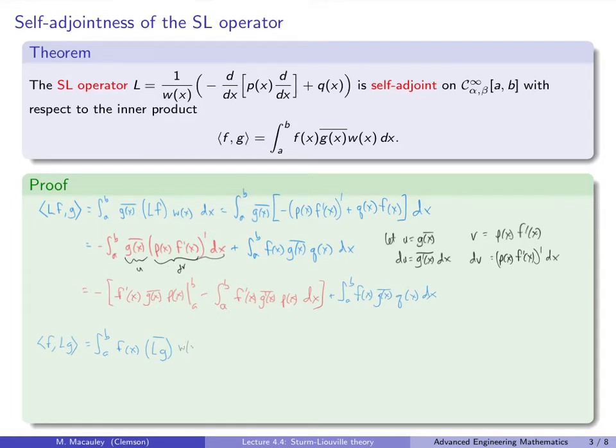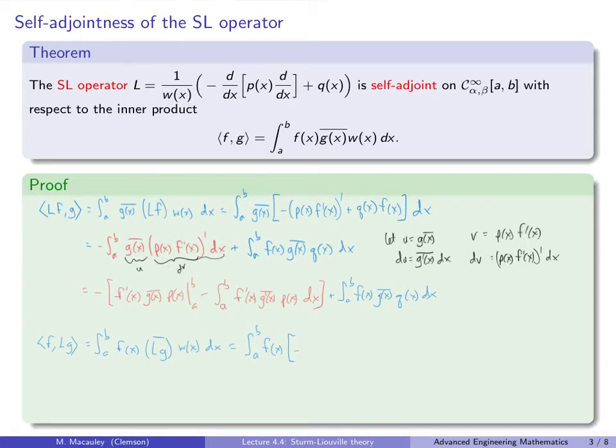w of x dx. Okay, so like we did before, let's just plug L in for this. We're going to take this LF and do the same thing here, just instead of f, we're going to have a g. So this is the integral from a to b of f of x, and now this big bracket thing, again we're just copy pasting, but changing the f's into g's.